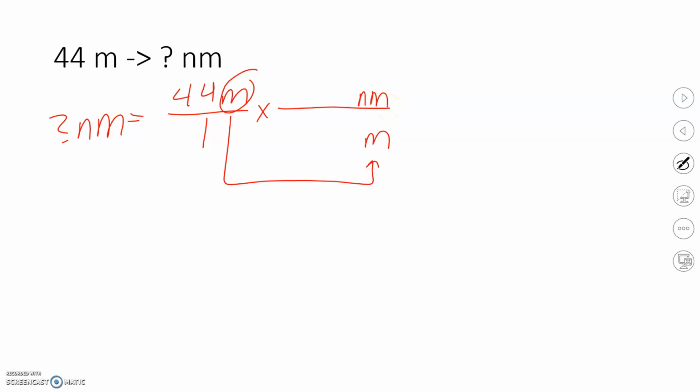When we go to look at our conversion chart, 1 nanometer equals 1 times 10 to the negative 9 meters. And make sure you do always check them. 1 and then 1 times 10 to the negative 9.